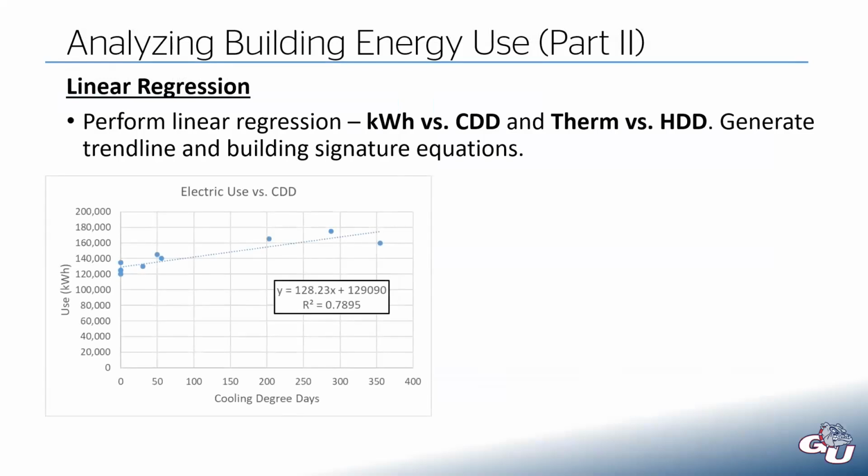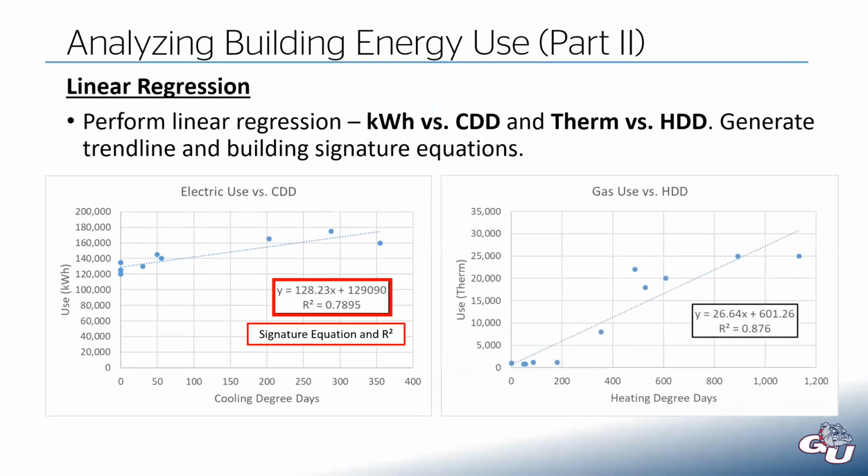On the electric side, there's our equation, R squared 0.78, 0.79, not bad. We'll talk more about that here in a bit. On the gas side, we can see increased gas use for increased heating degree days. We have our equation here where we can predict gas use. Pretty good R squared there.